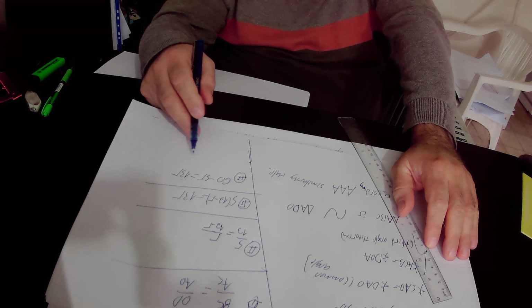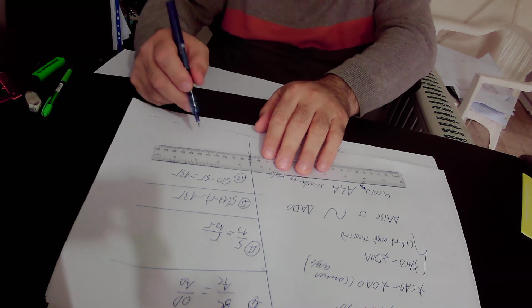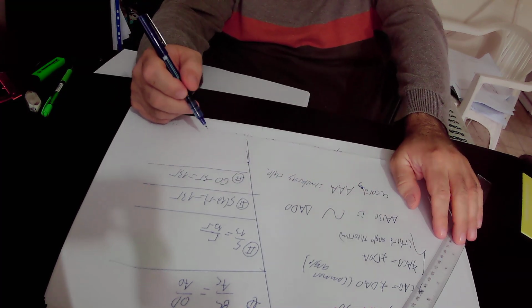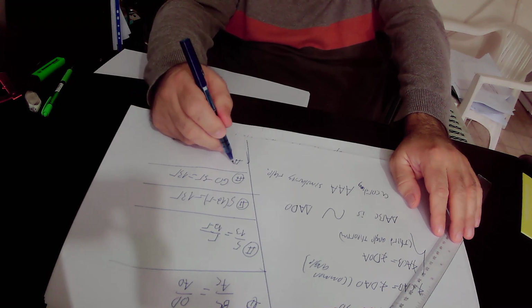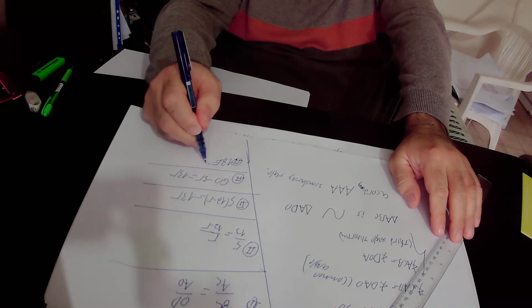Here we will add 5R to this equation, and we'll get that 5R plus 13R is 18R, equals 60.